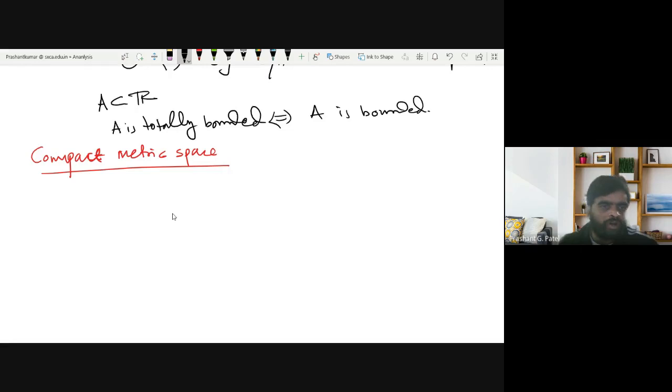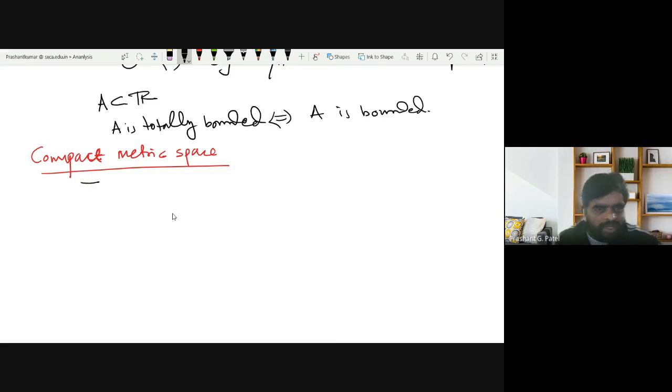The word itself suggests that things which require lots of space, but still it is compact. And the world is moving towards compactness. For example, a computer, you can see that day by day it becomes more compact. So that is the kind of concept this is, a compact metric space.